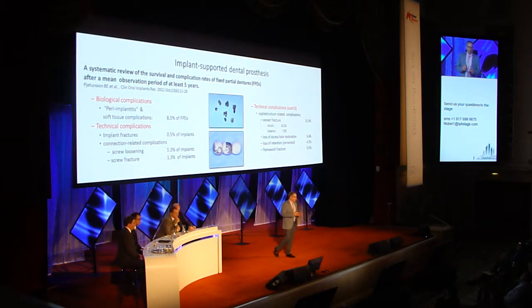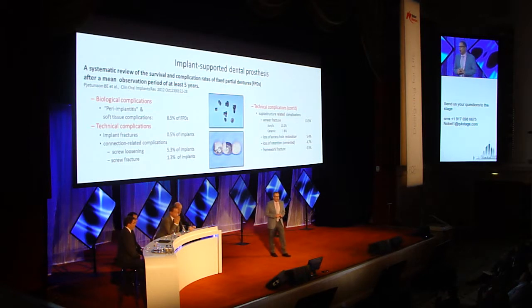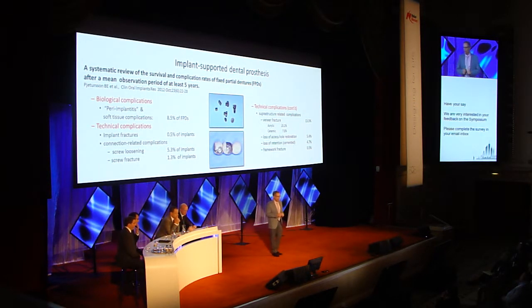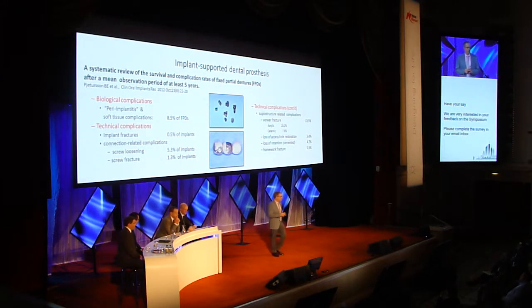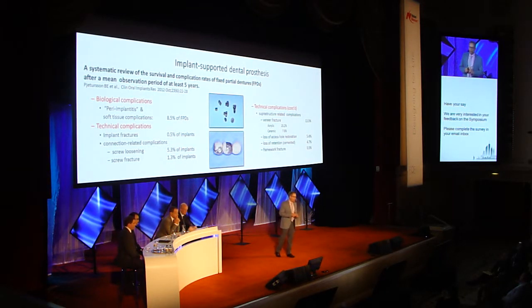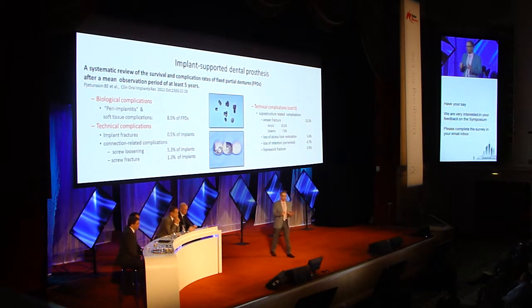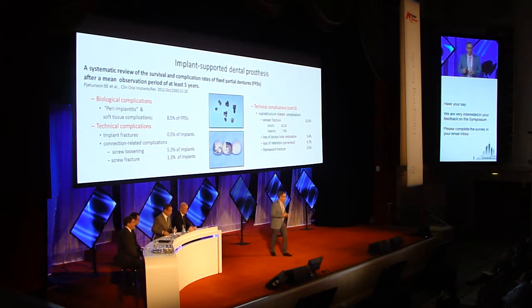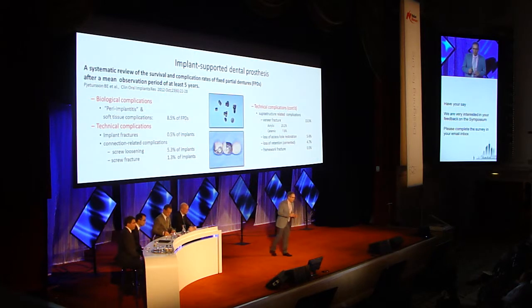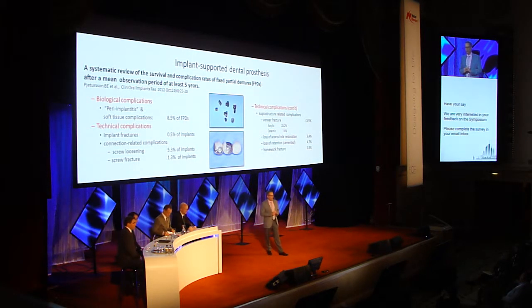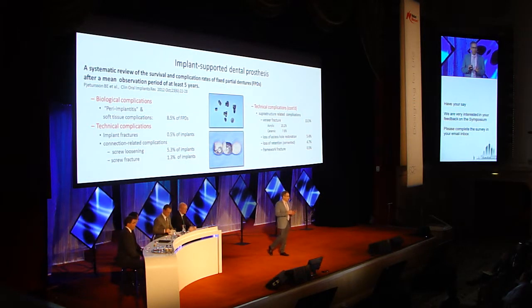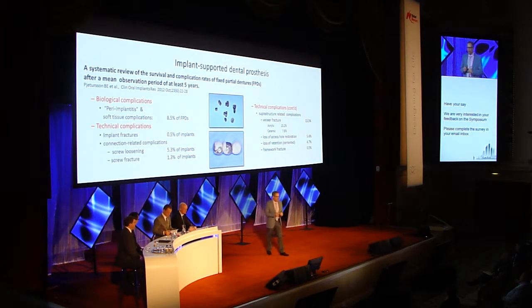Complications associated with implant-supported bridges are mainly technical. They are related to screw issues, to loss of retention for cemented prostheses, to management of access hole for screw retained. There's also a problem of veneer fracture, which has been associated with the type of material that you use.